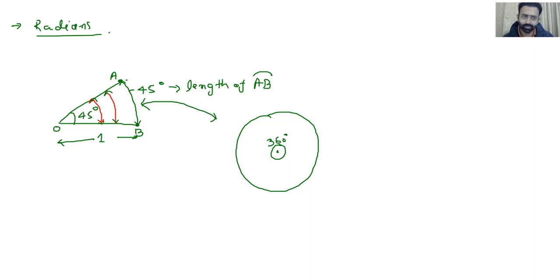And if I say that what is the measure of this, again this is 360 degrees, and if I extend this to the periphery of the circle of radius 1 unit, so this length, this periphery, should also be 360 degrees, right? But as we know that this length is basically the circumference of the circle, right?